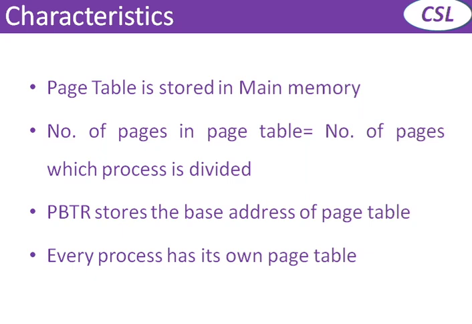So finally the page table is stored in main memory, and for getting the page table information we need an address value stored in the page table base register, and for every process there should be one page table.